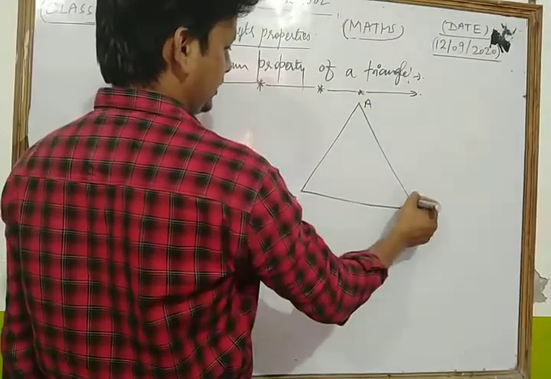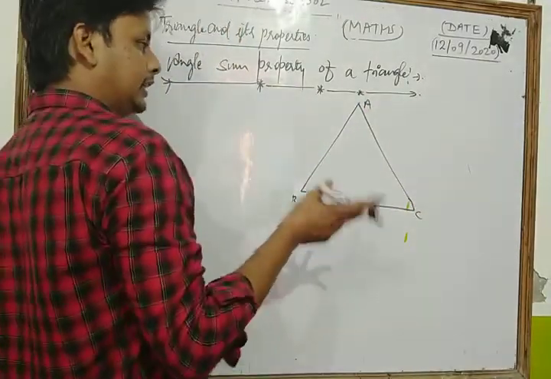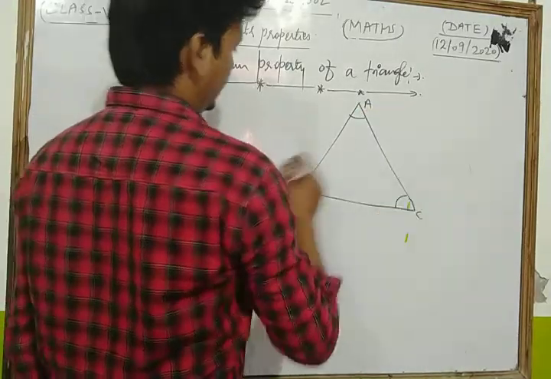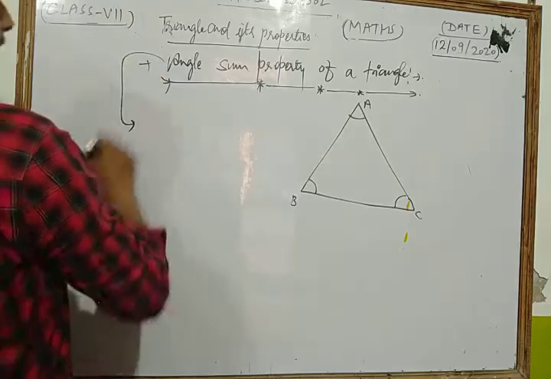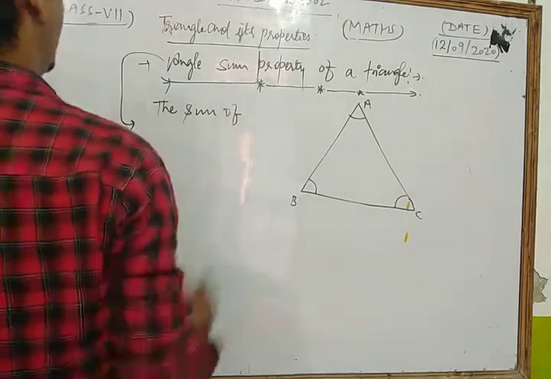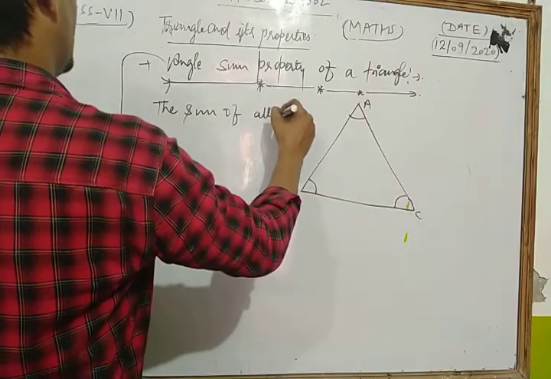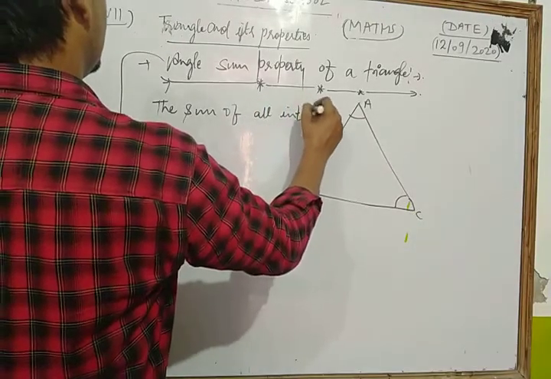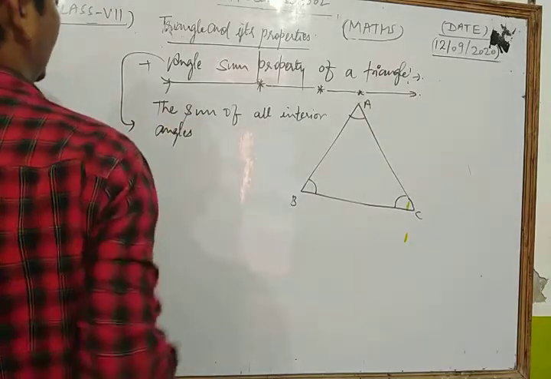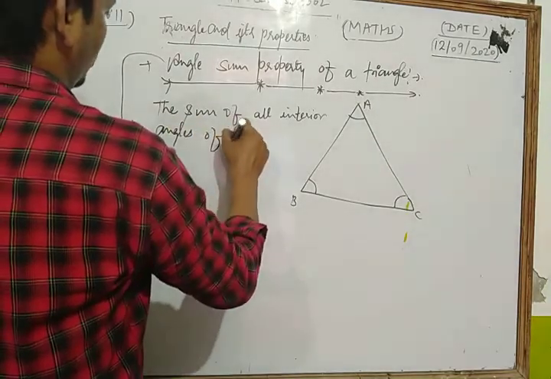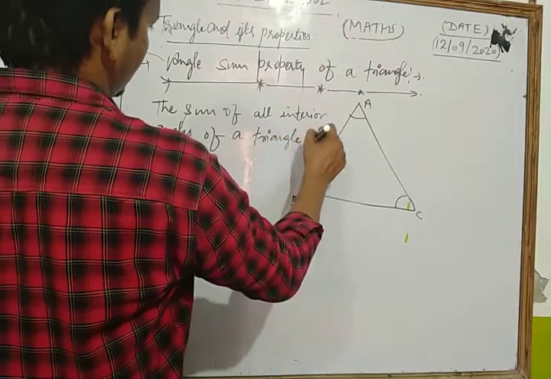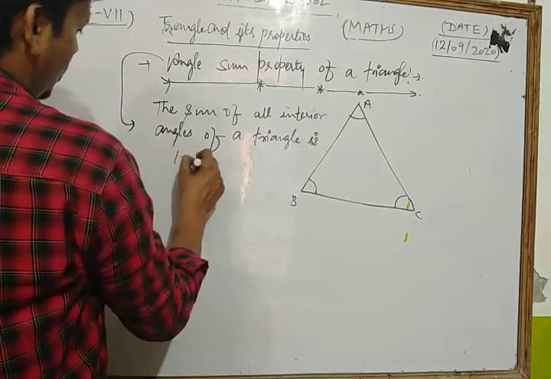ABC, and any triangle has three interior angles: angle A, angle B, and angle C. According to this property of the triangle, the sum of all interior angles of a triangle is 180.